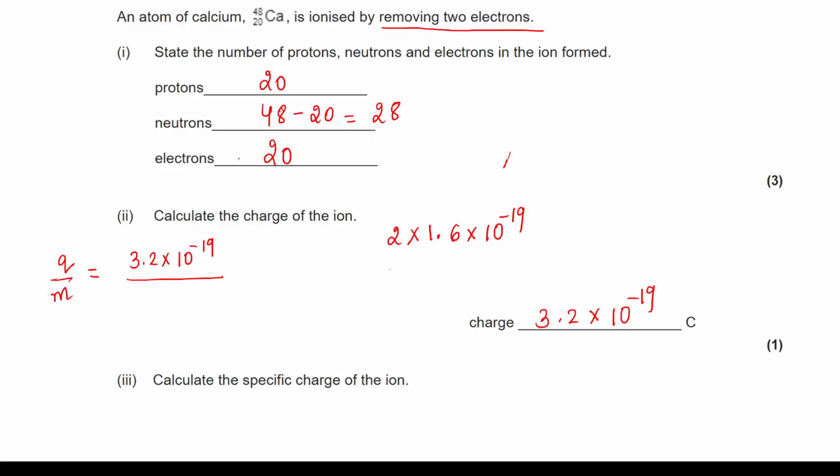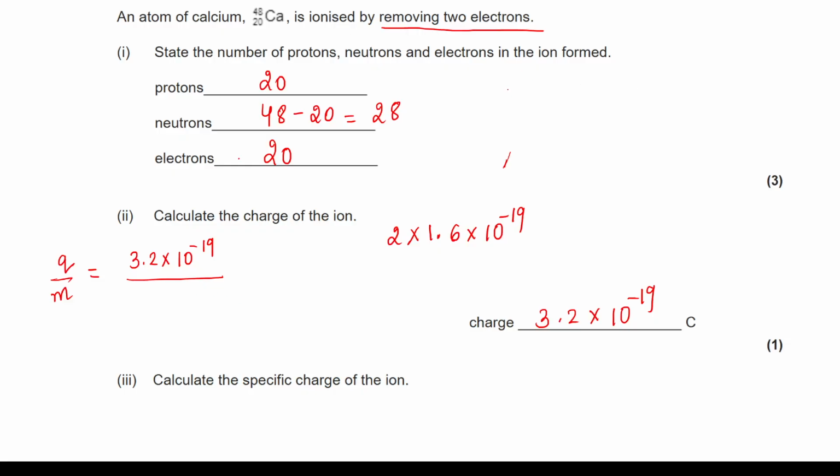So it's not asking for the mass of the nucleus, it's asking for the entire calcium ion. So now what is the mass of this calcium ion? It has 18 electrons and it has 48 nucleons. So we need the mass of all of them.